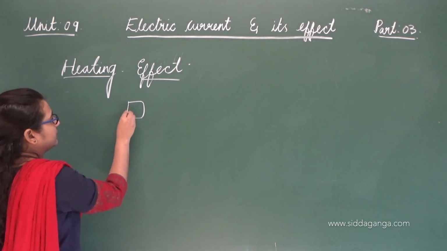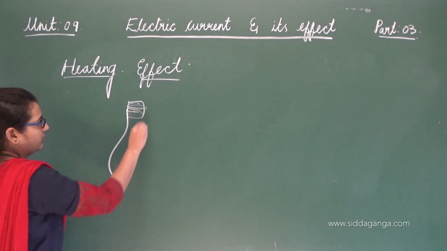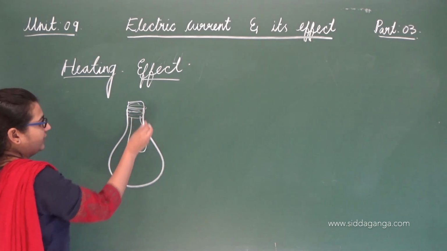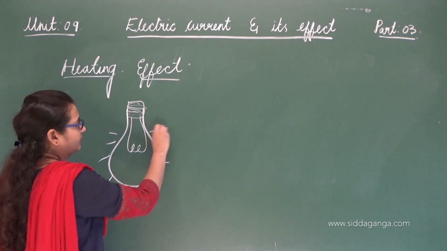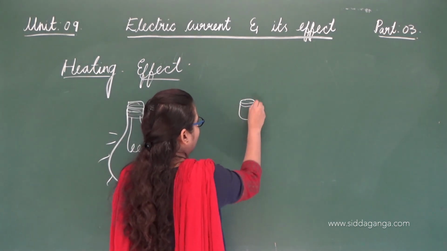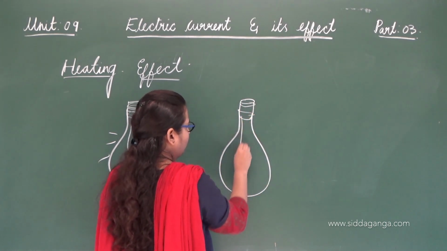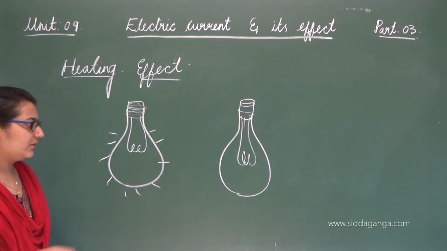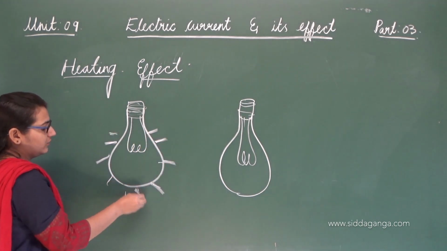Here we have a glowing bulb with a filament inside, and we have another bulb which is not glowing, it is switched off. The first bulb is glowing very brightly.